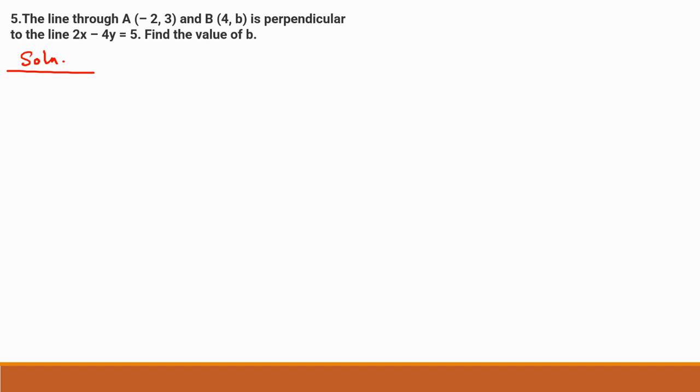Find the value of B. So basically they have given you one line, which is 2x minus 4y equals 5, and they are saying the line through this point A, minus 2 comma 3, and some point B, 4 comma B, will cut our line 2x minus 4y equals 5 at 90 degrees. These two lines are perpendicular to each other. So what will be the value of B?